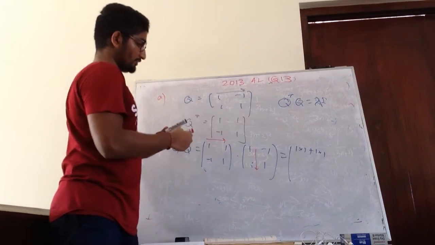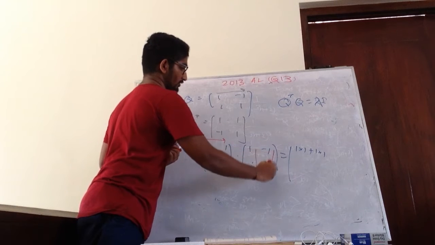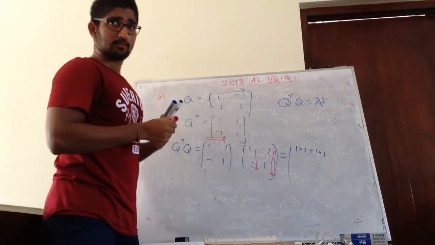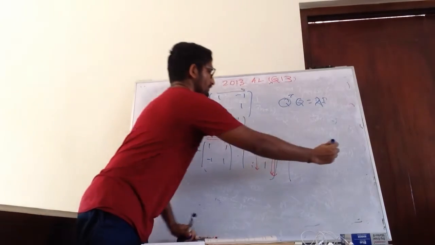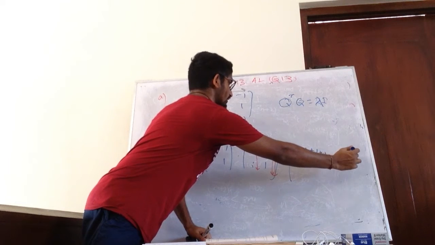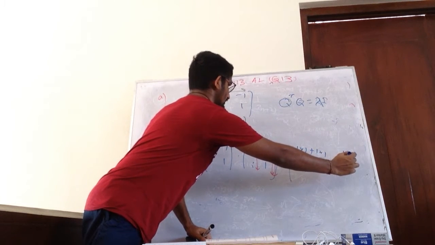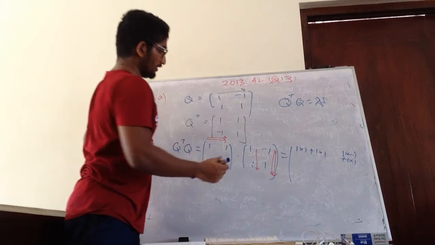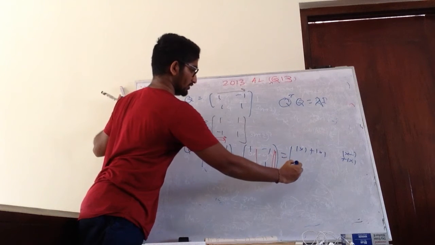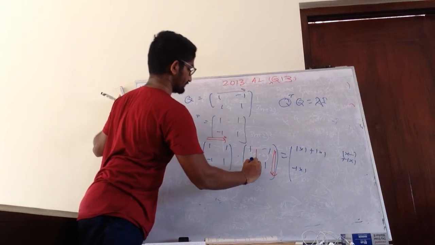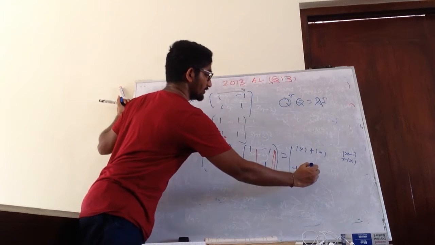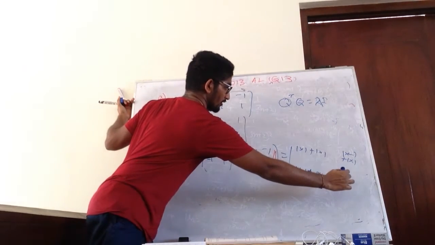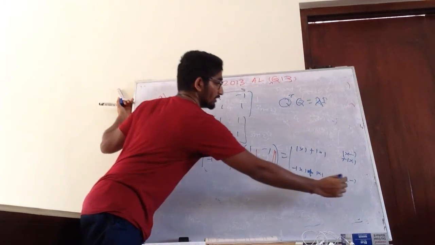Then this into this: 1 into -1 plus 1 into 1. Then here, -1 into 1 plus 1 into 1. And here, -1 into -1 plus 1 into 1.